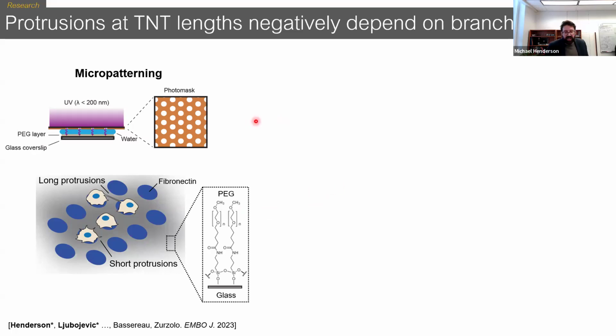I don't have time to go over all the amazing data that we did in this paper, but essentially we created some techniques to screen for the formation of these long-forming TNT protrusions.